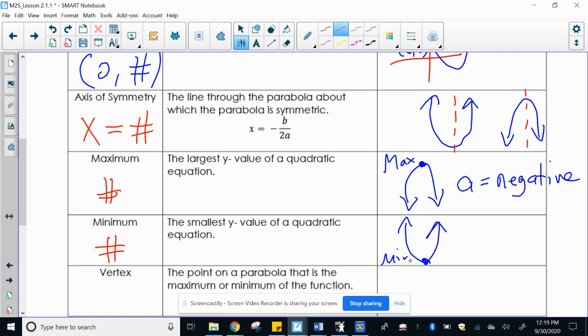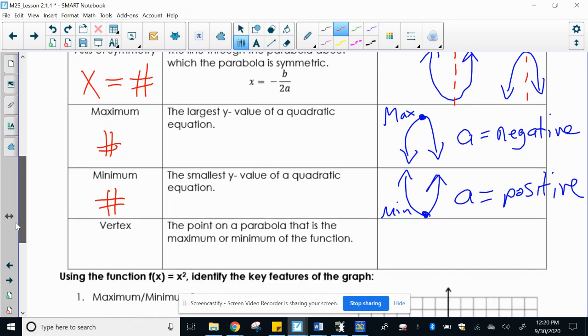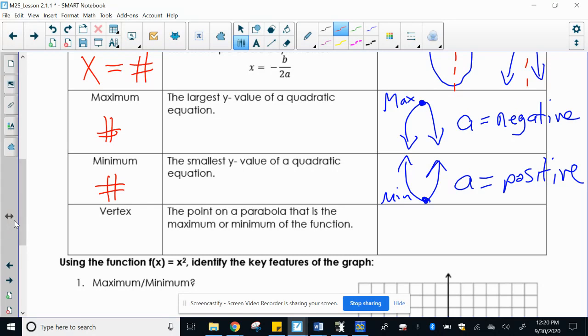Now we have a lowest value, a minimum. The key characteristic that makes a quadratic open upwards is that the a value in front is positive. So when a is negative, it opens downwards and we have a max. When a is positive, it opens upwards and we have a minimum, a lowest value.